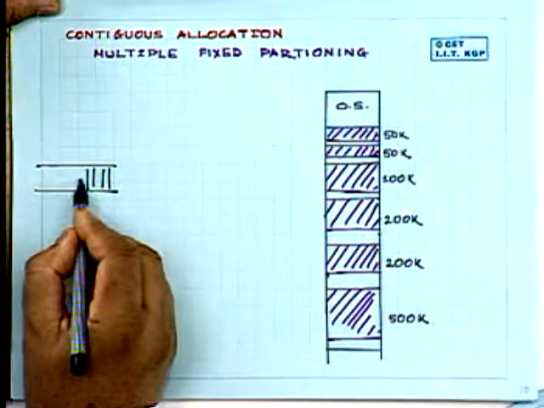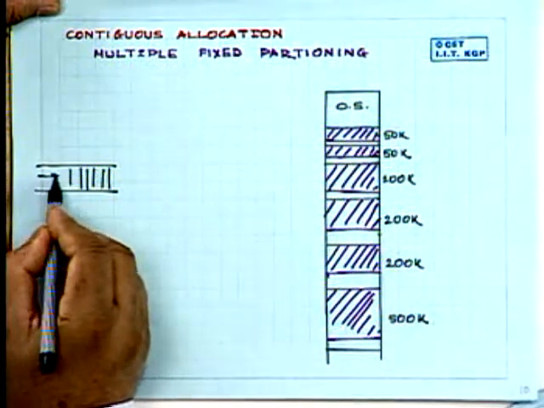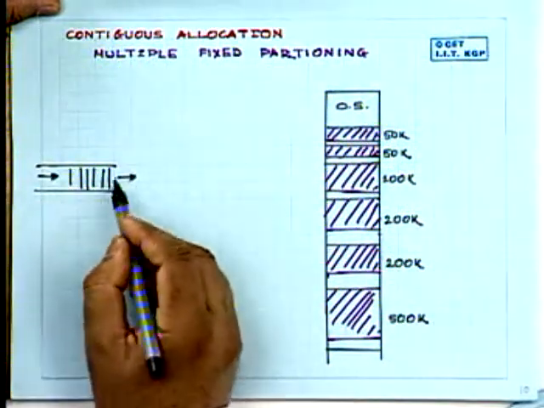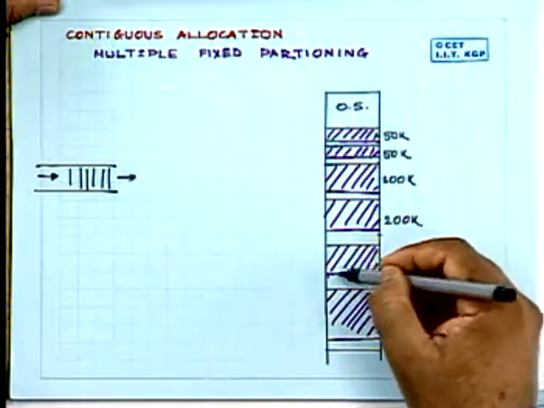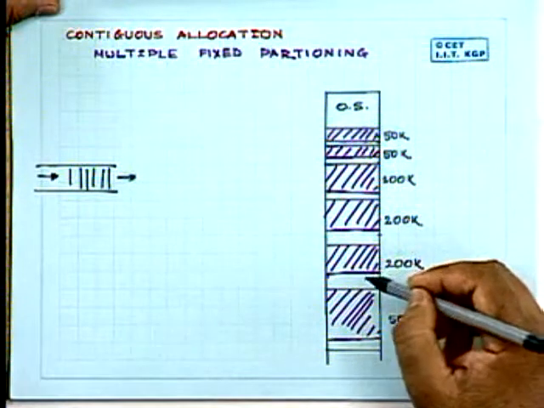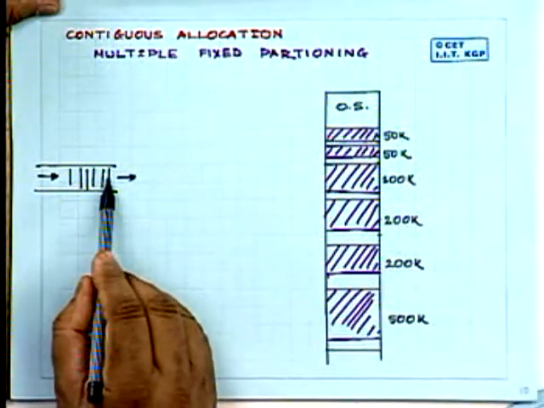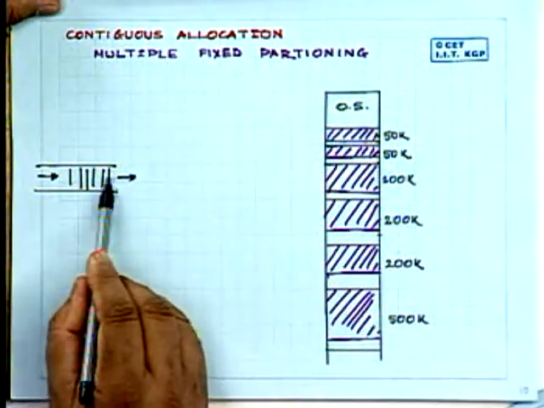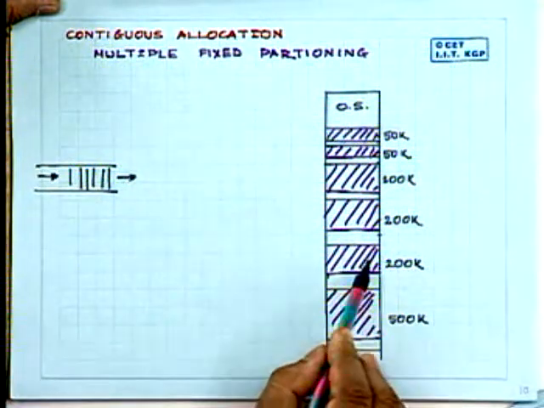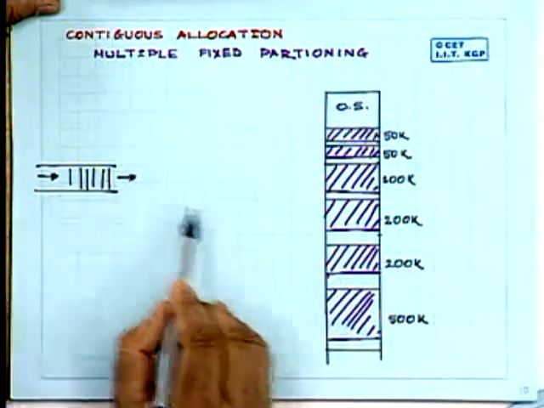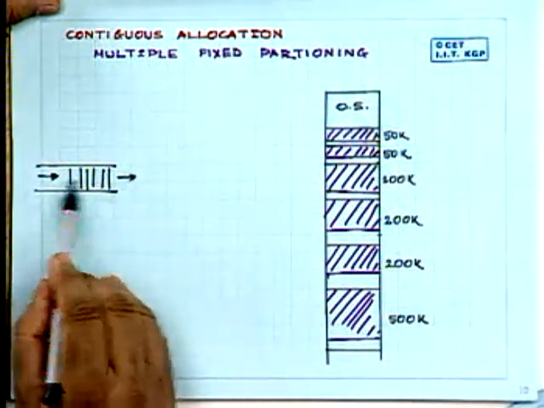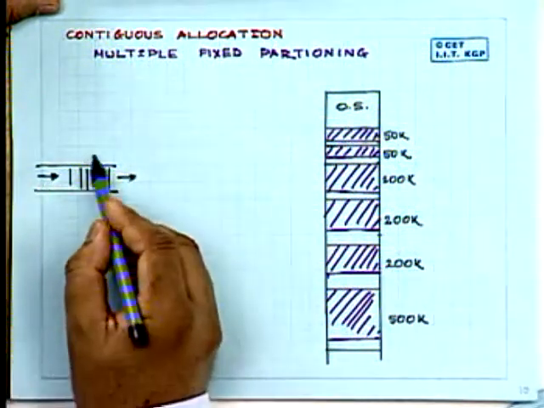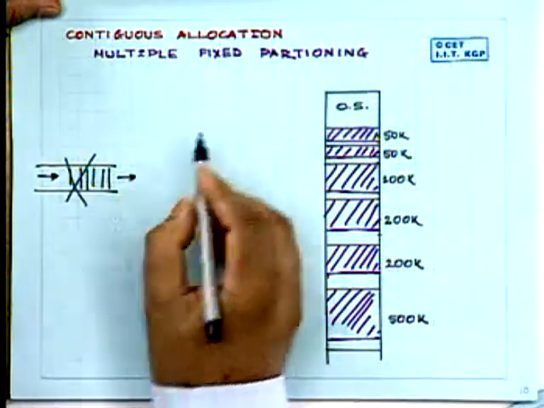Say these are the jobs that are coming, we keep them in a queue, and as a partition becomes free, the corresponding job which can fit into this partition can be taken from here and loaded into the memory.